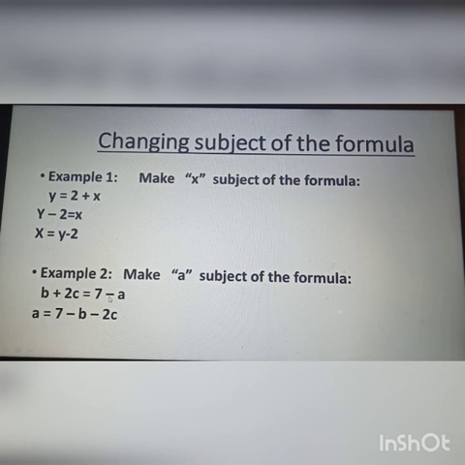So one thing to be kept in mind is that the sign for the subject needs to be positive. So it's better if you take this negative a to the left hand side. Doing it mentally, if you take minus a to the left hand side, it will become a positive a. So here you can see it is with the positive sign.